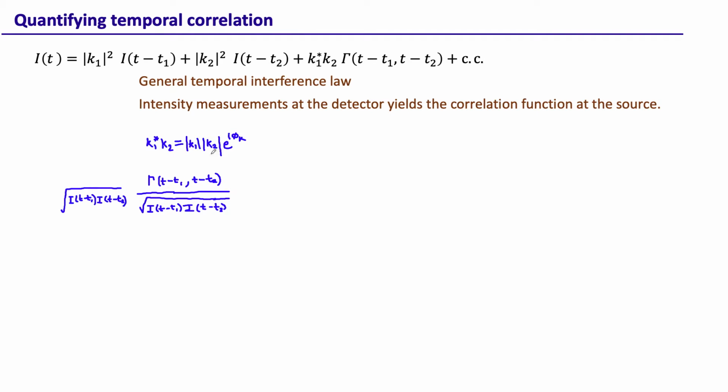Okay, now we see that this quantity is essentially the degree of second order coherence, as we wrote with this period last time.